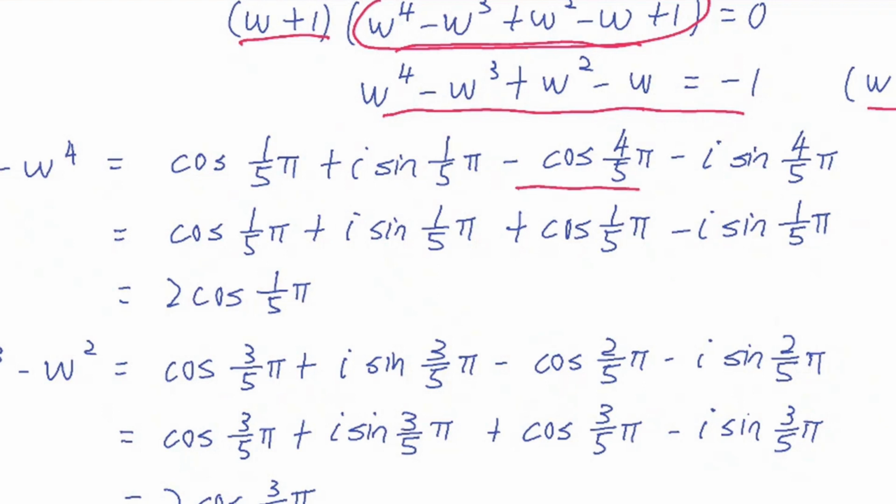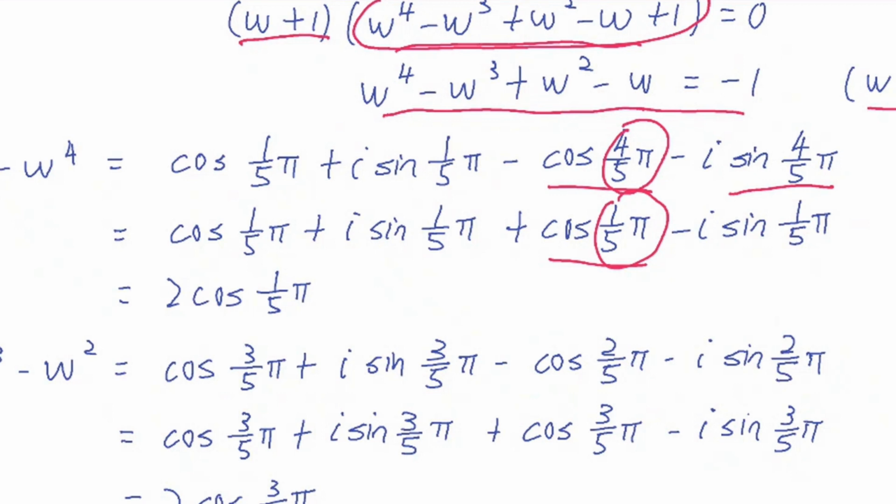Here, cos of 4π/5 is actually the negative of cos 1/5 π. So we change everything back to the acute angle. Because cos 4π/5 should be a negative value, and 4π/5 is related to the basic angle 1/5 π in the first quadrant.